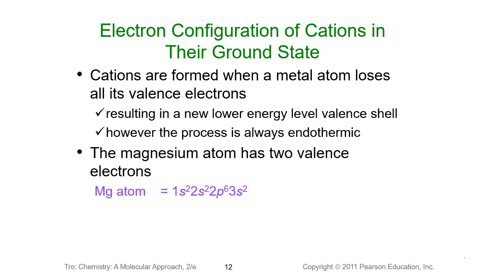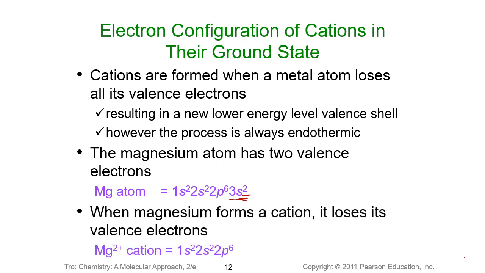So if we look at magnesium, 1s2, 2s2, 2p6, 3s2, we are going to lose the 2 electrons from the 3s orbital. So now when we look at its electron configuration, it has the electron configuration of neon.